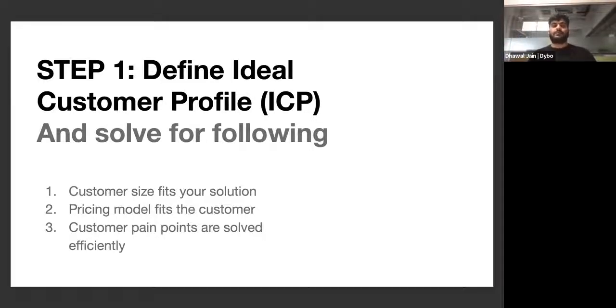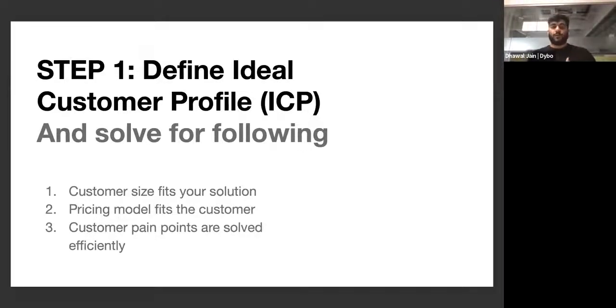So for example, let's say you're making a product only for founders. The ICP would essentially say: this is a founder of this sort of startup, it could be a tech startup, these are the problems they face, these are the key advantages that we have by selling to them, and this is the price that they would probably pay, right? This is all you define in an ICP, which is also called the ideal customer profile.